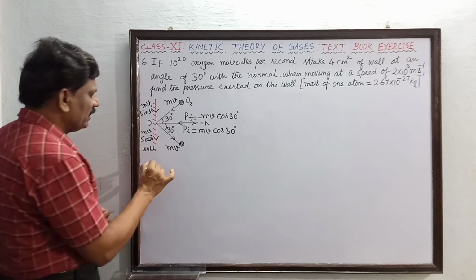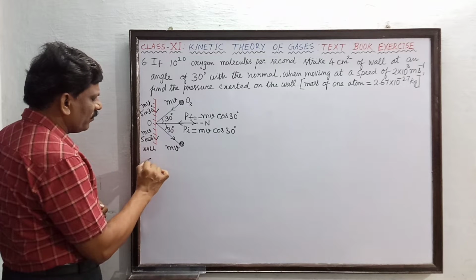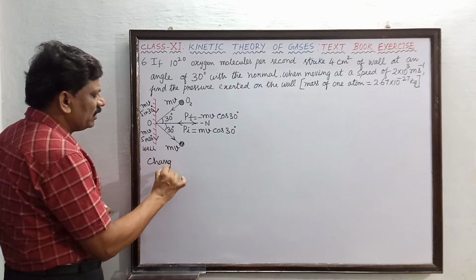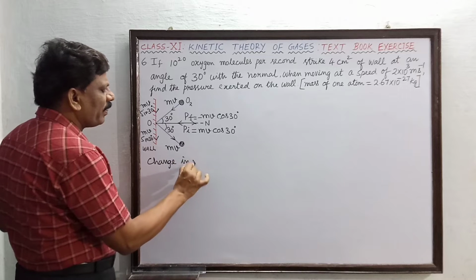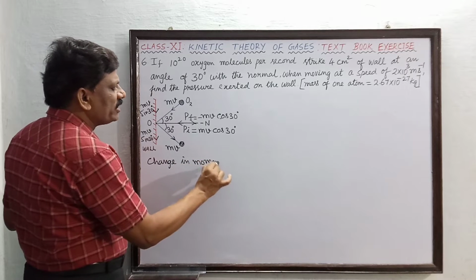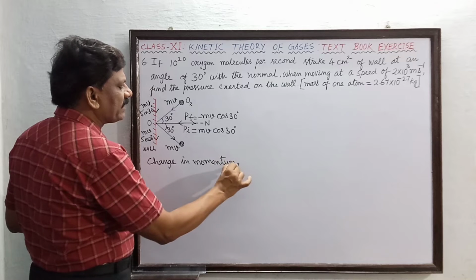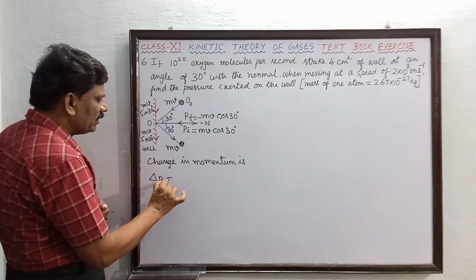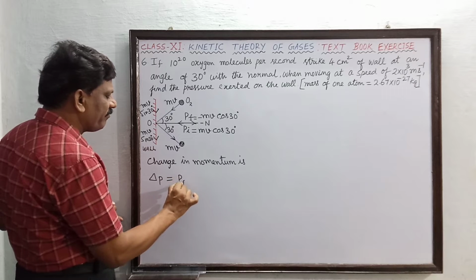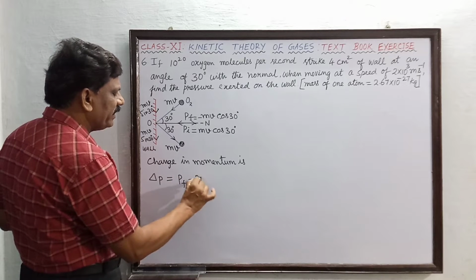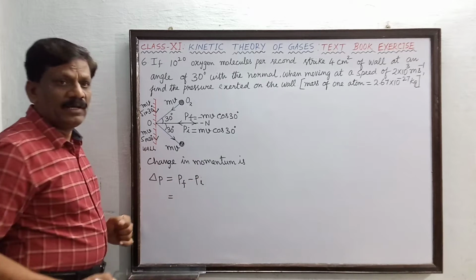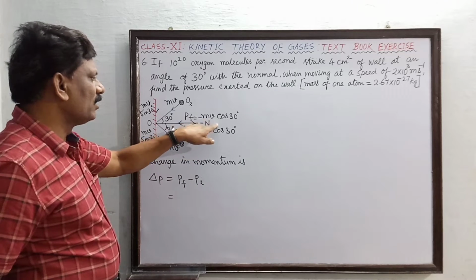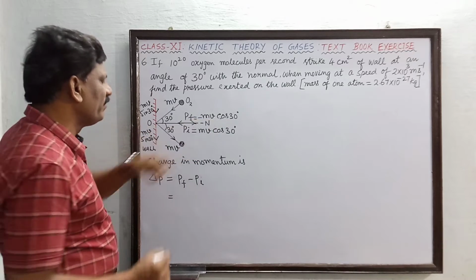So I will write the change in momentum along the normal, along the x-axis, given by delta p. That is equal to P final minus P initial. The final momentum along the normal is minus mv cos 30.